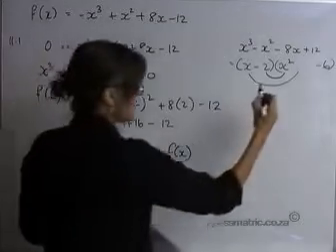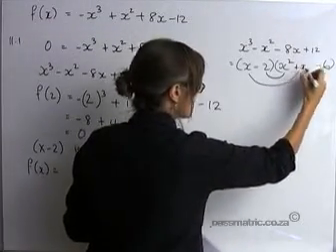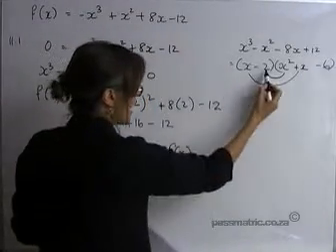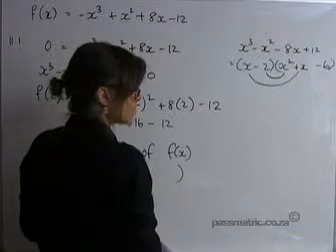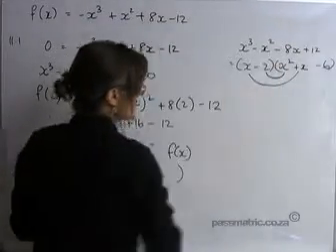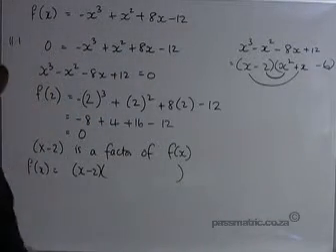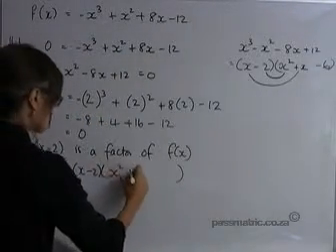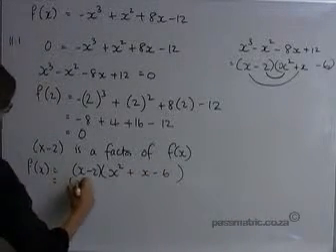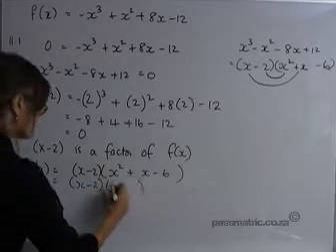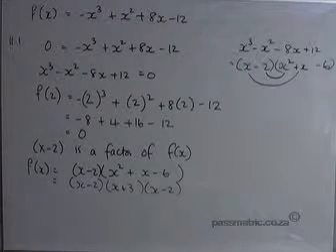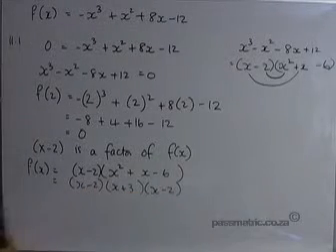This here will have to be plus x, because x times x gives me x squared, minus 2 times x gives me minus 2x squared, and x squared minus 2x squared gives me my result of minus x squared. So my second bracket is that trinomial. I need to factorize this trinomial. And that's a fairly easy trinomial to factorize, x plus 3 and x minus 2.